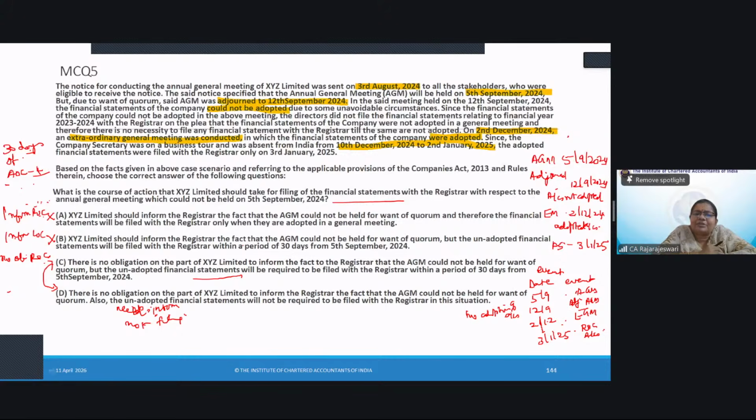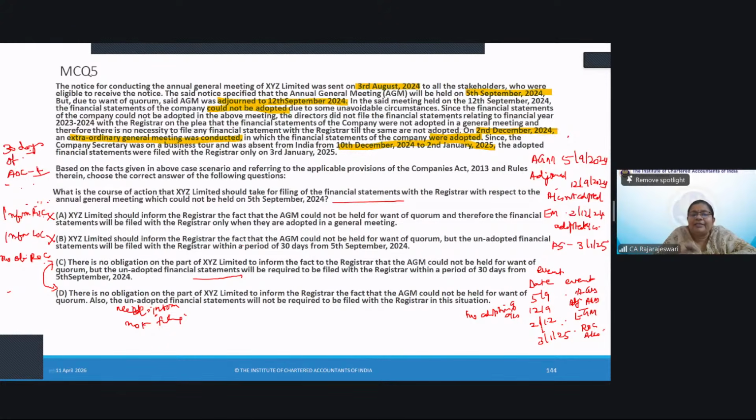See, what is adoption of financial statement? They have to conduct a board meeting and adopt. And in the AGM also, they will consider the adoption of financial accounts, the board of directors report, auditors report, and the financial statement thereon. It will be mentioned if you see the notice.